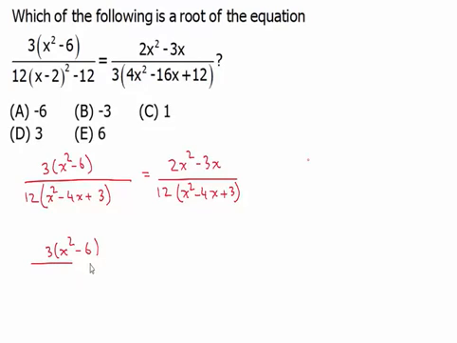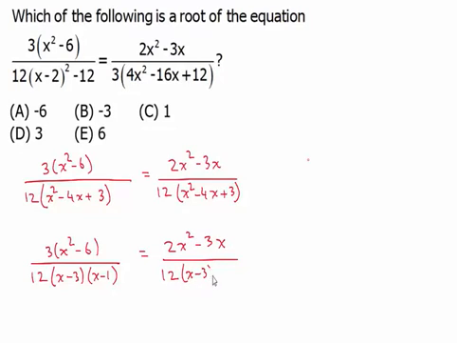And on the bottom, we have 12 times x squared minus 4x plus 3 can be factored into x minus 3 times x minus 1. And on the other side, we have 2x squared minus 3x over 12 times x minus 3 times x minus 1.